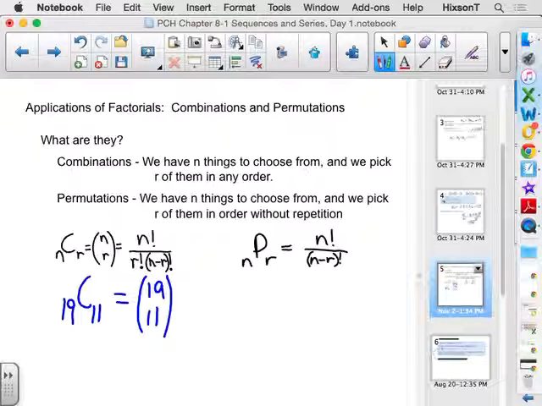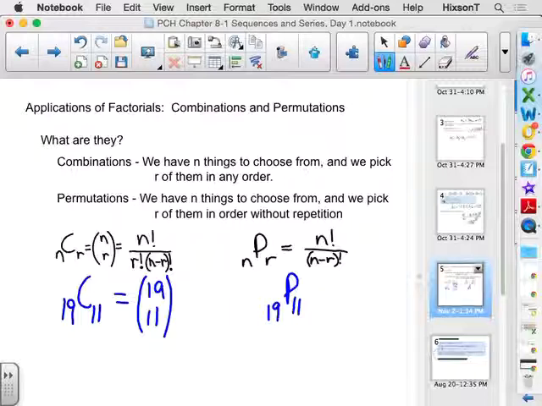Yes. Or if we're running a race, and we look at the 11 people who finished first and the order that they're in, the order there would matter. That would be a permutation, so we could make it 19 permutation 11.